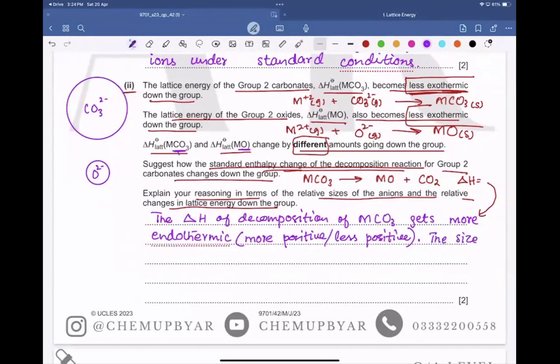The size of oxide is relatively very small than carbonate ion. Is this understandable to all of you?